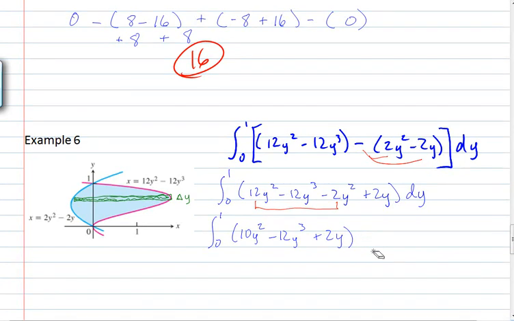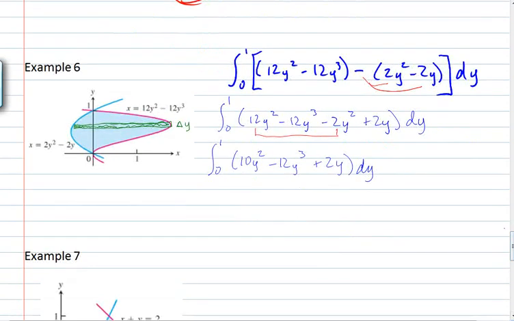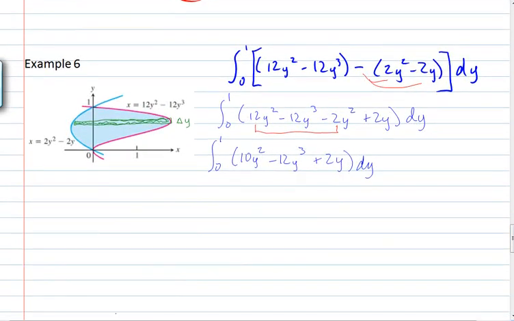Now, well, that looks ugly. There's a dy. We can integrate this one fairly easily using the power rule, right? So when I integrate 10y squared, I add 1 to the exponent, so this is 10 thirds y cubed.